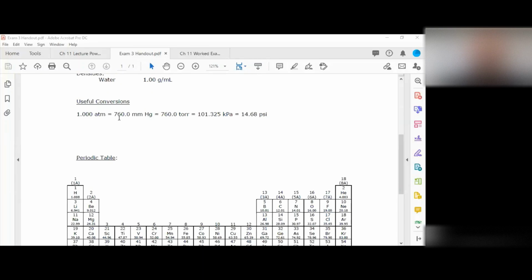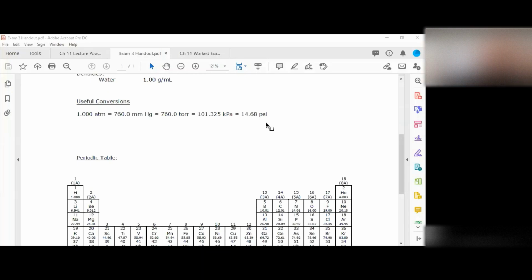1 atmosphere equals 760 millimeter mercury, which equals 760 torr, which equals 101.325 kilopascal, which equals 14.68 pounds per square inch, PSI. It's a very important unit because that's the unit that they use in industry.